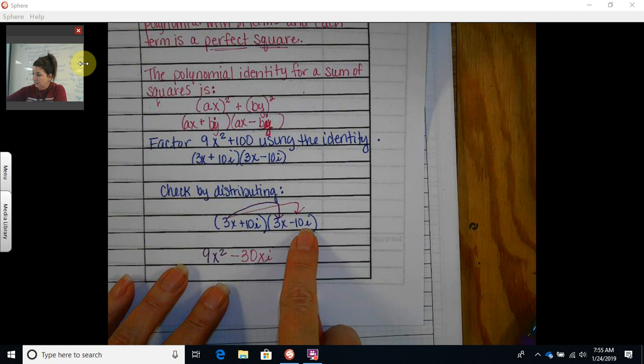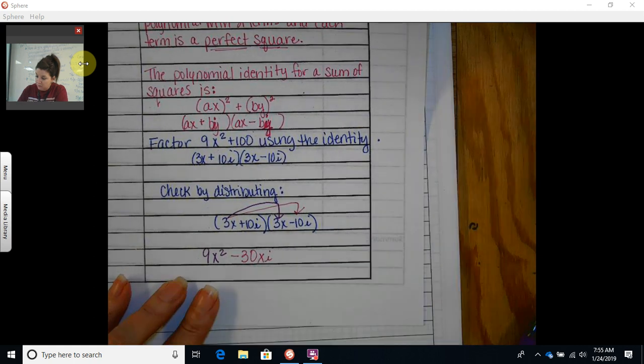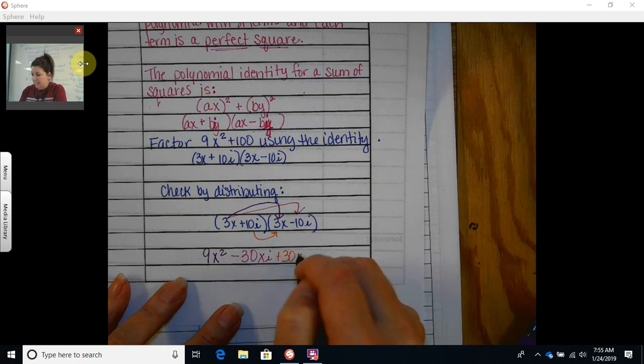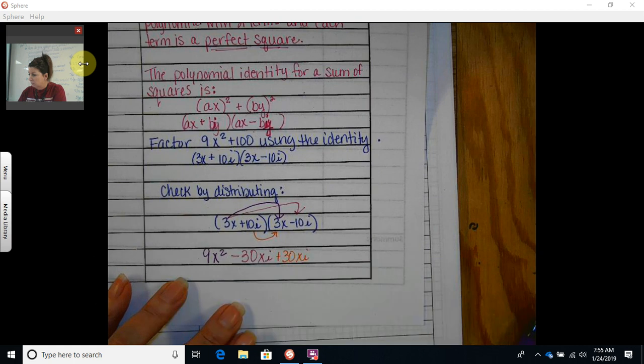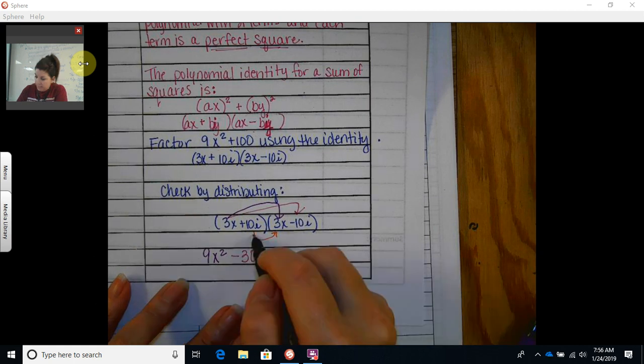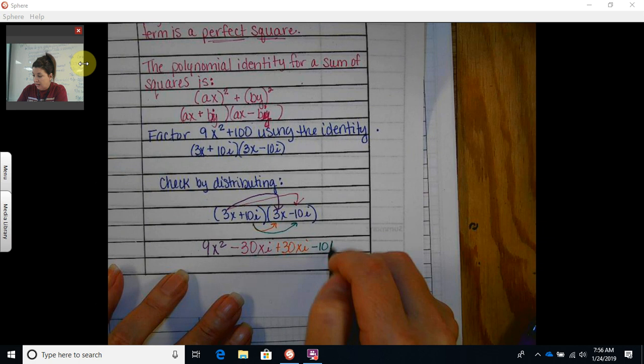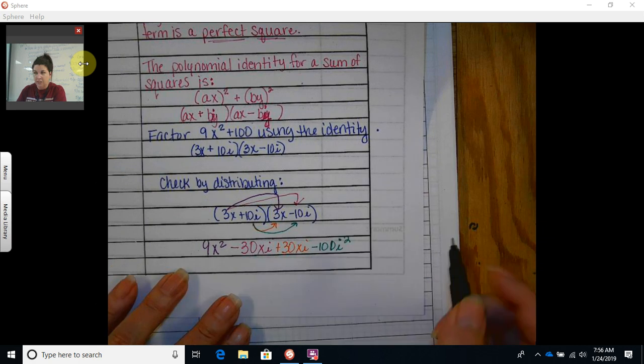All right. What about positive 10i times 3x? Positive 30xi. Or it might be 30ix. And what about positive 10i times negative 10i? Negative 100i squared. Now remember what happens when you have an i squared? We have to replace it with negative 1, right?